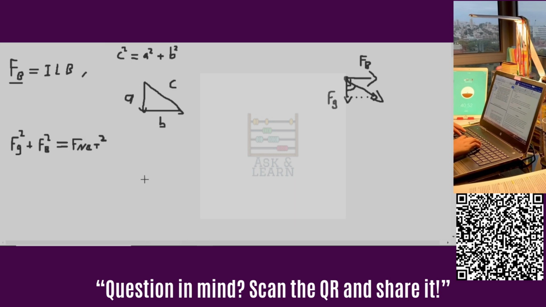So now to find this F sub net, because this is the total force, the force we want, you need to take the square root of the whole thing, which gives you F sub n is equal to the square root of F sub G squared plus F sub B squared.